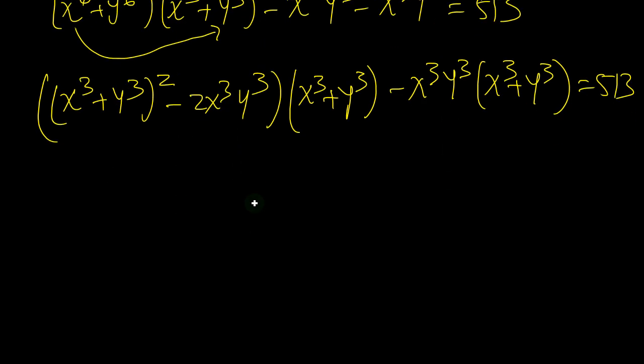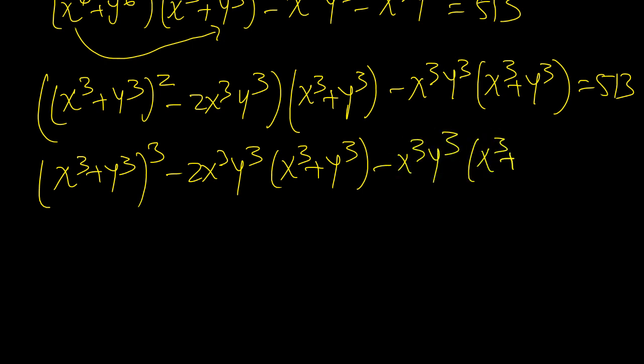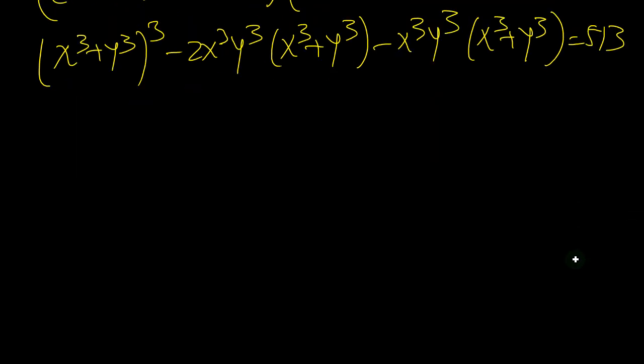Okay, cool. From here, I'm going to multiply these terms, so I'm going to have x to the 3 plus y to the 3 to the power of 3, because this one times this one, and then minus 2x to the 3 y to the 3, which multiplies x to the 3 plus y to the 3, minus x to the 3 y to the 3 times x to the 3 plus y to the 3 equals 1513.